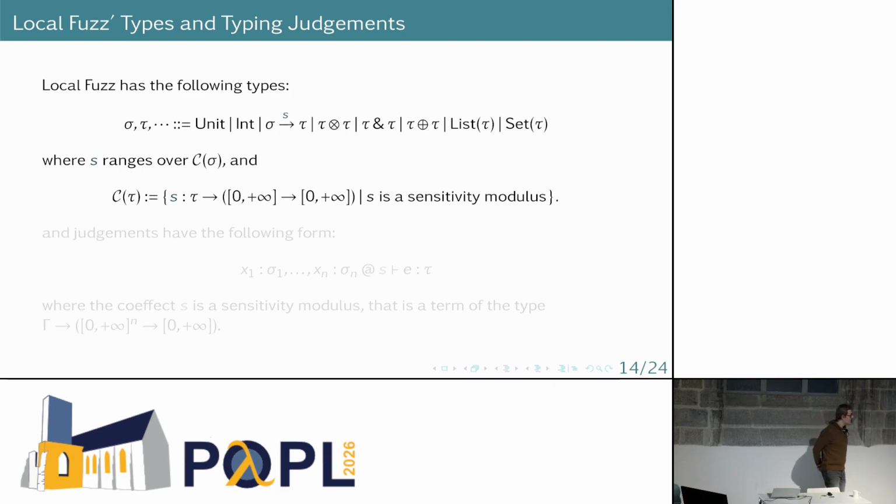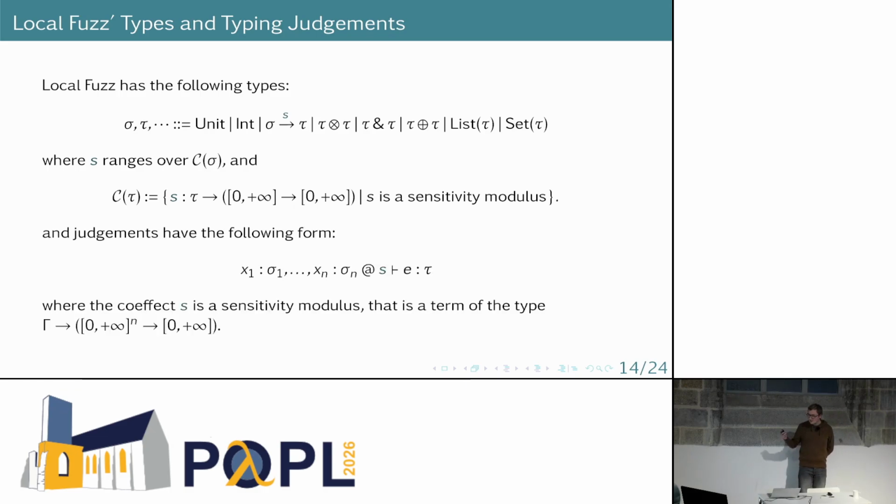So these are going to be our annotations on arrows. And here we say that these coeffects are dependent because the grades of coeffects you can attach to a type tau depend on tau; it's not the same for every single tau. Whereas in Fuzz, the coeffect for tau would be the same as the coeffect for sigma, and just real values.